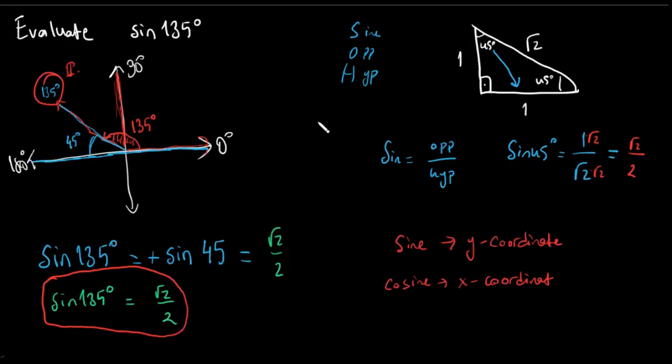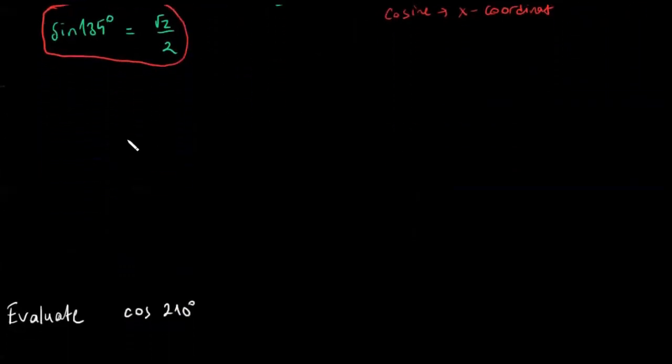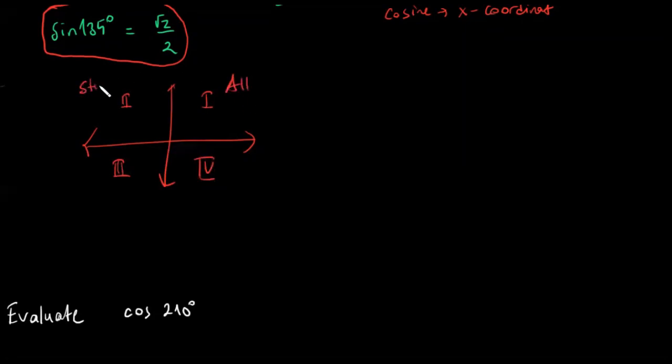Another way of remembering this, you can draw the quadrants, first, second, third, and fourth. For the first, all functions are positive. All students, do you remember that? All students take calculus.